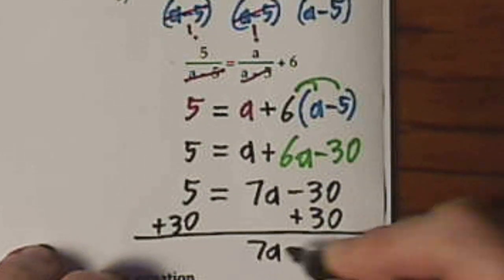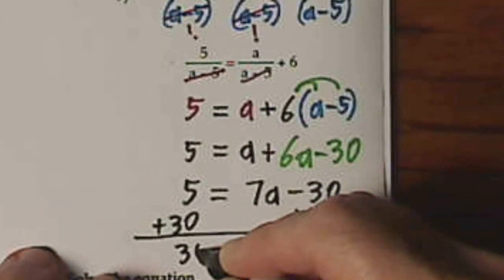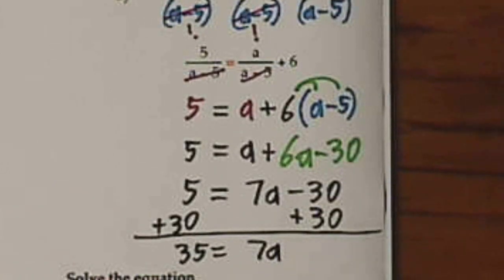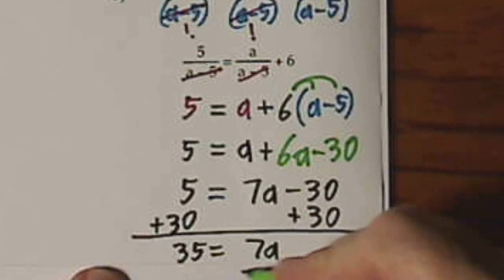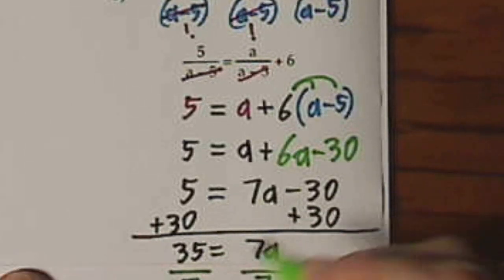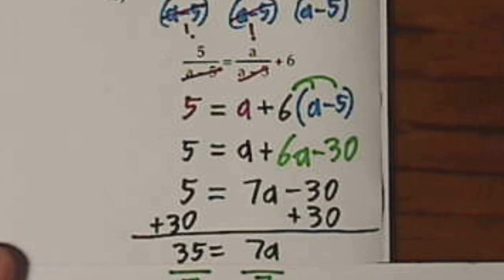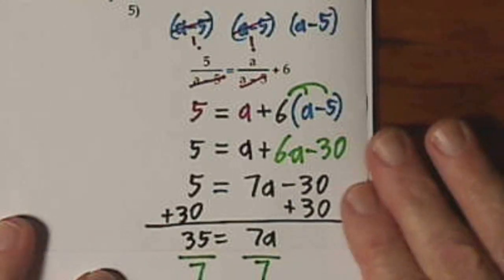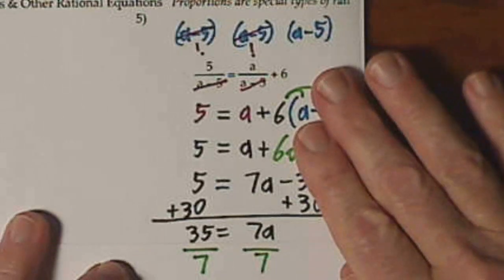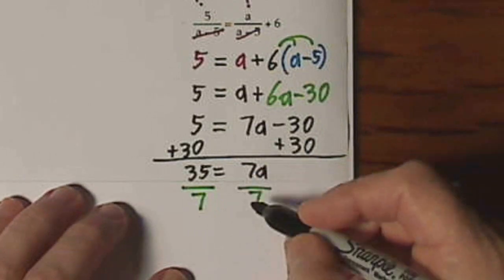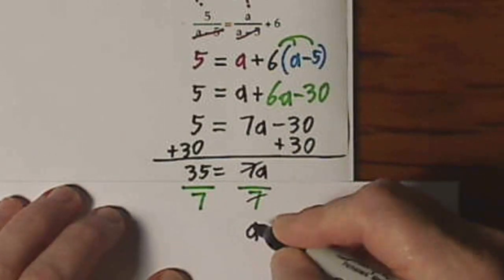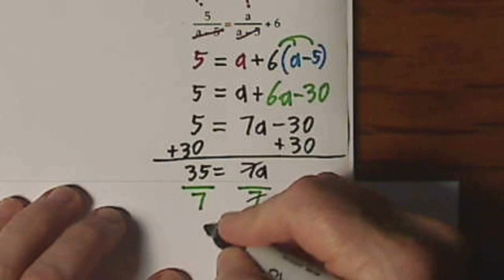Now we have 7a equals 35. And one more step. Divide each side by 7. Divide by 7. Divide by 7. I think I'll zoom out. So 7 goes into 7 once, and you're left with a equals 35 divided by 7 is 5.